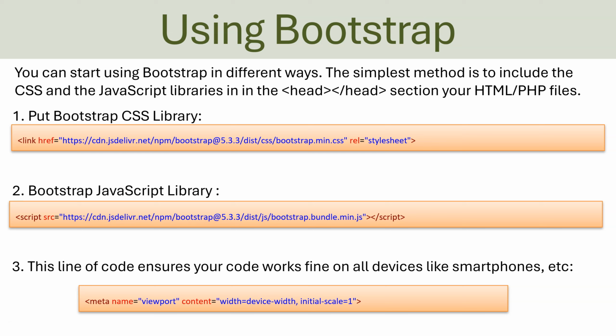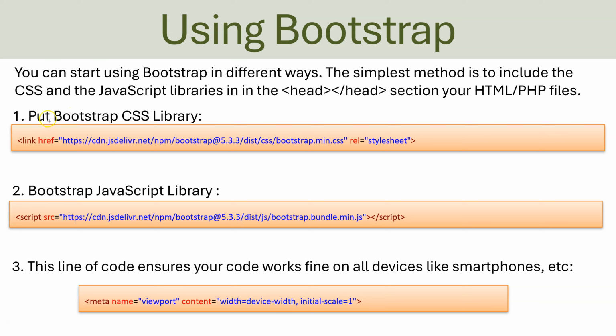So I guess you can start using Bootstrap in different ways. I guess the simplest way is to just include the CSS part of the Bootstrap library and the JavaScript part of the Bootstrap library into the head section of your web page. Either it's a pure HTML web page or a PHP web page that we are creating here, or other types of web pages.